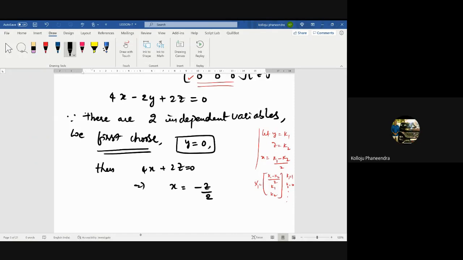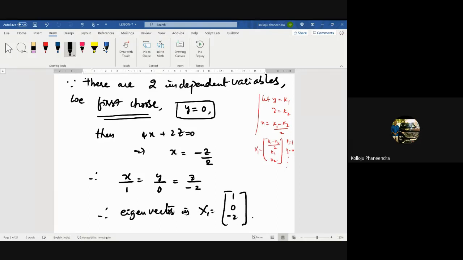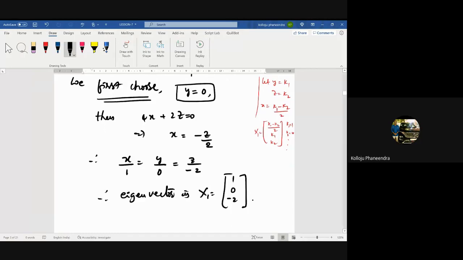So x by 1, y value 0 and z value minus 2. Therefore the first eigenvector is x1 equal to 1, 0, minus 2. Why am I taking 0? It will be clear in the next step.